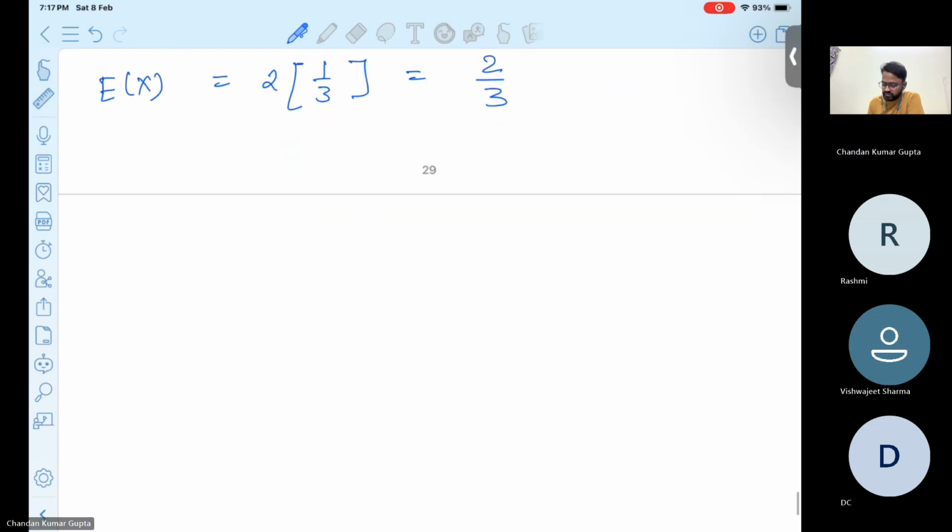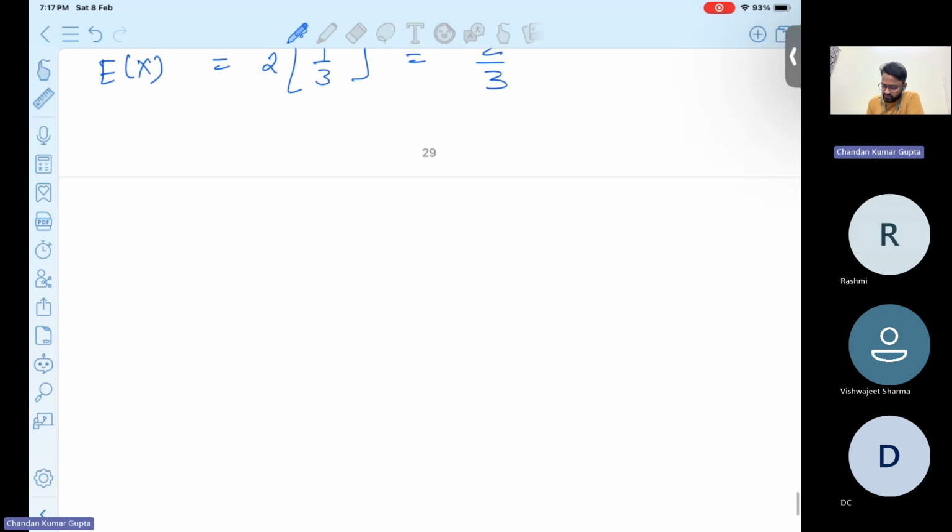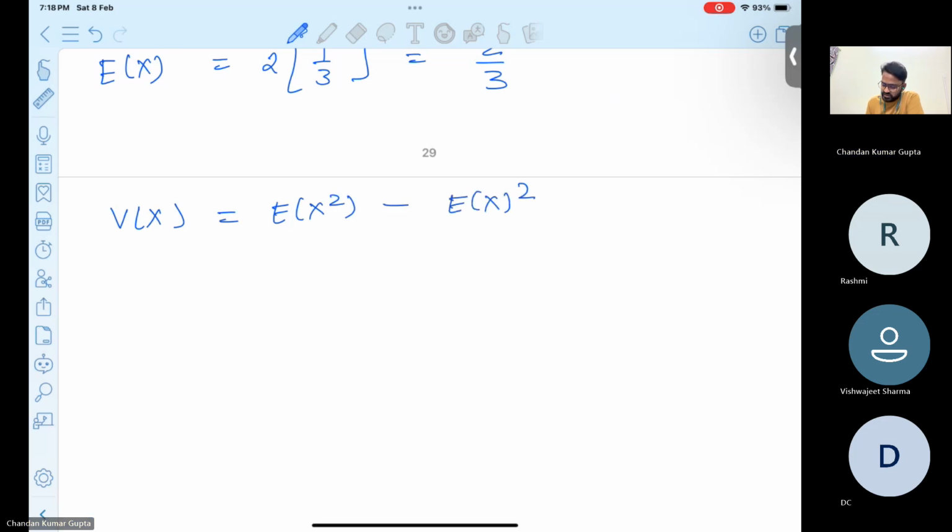Now, the next is variance of X. Variance of X is defined as expectation of X square minus expectation of X whole square. Now, we don't know the expectation of X square.